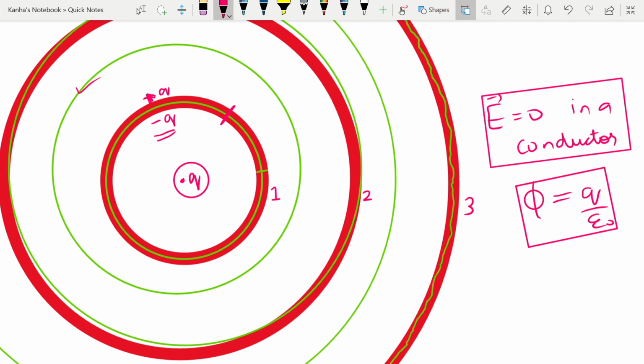Now if I take this Gaussian surface into consideration, the flux through this is equal to the net charge inside divided by epsilon. What is the net charge? It is q plus minus q plus plus q, which is just a positive q charge. So this is equal to q by epsilon naught, and you can see the electrical field in this region is a finite one.